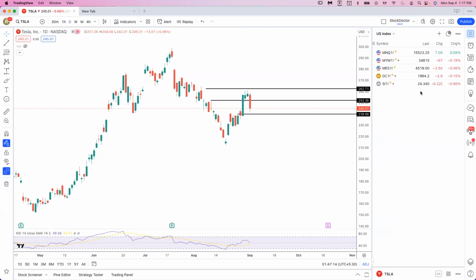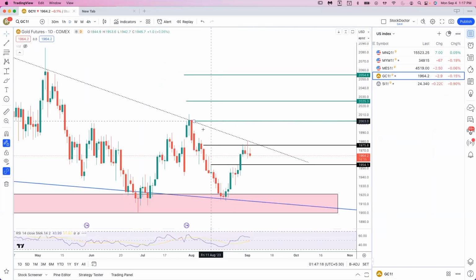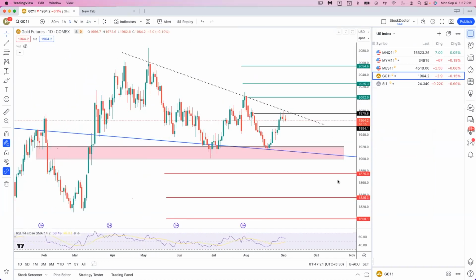So let's talk about the most important commodities, gold and silver. Okay, so if you see, gold has taken a very good support from the level of 1920, and I told you guys so many times gold has a very strong support between 1920 to 1900. Now the important support area for the gold is between 1975 to 1955.